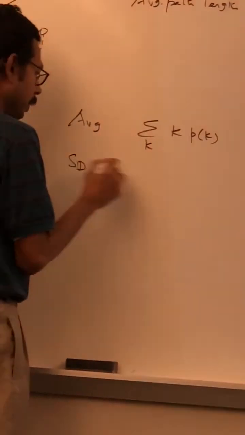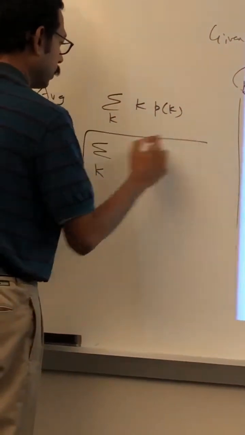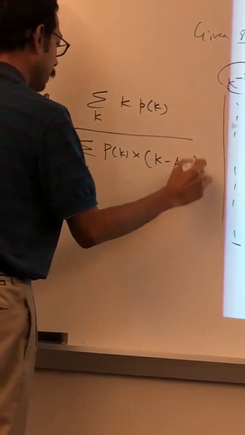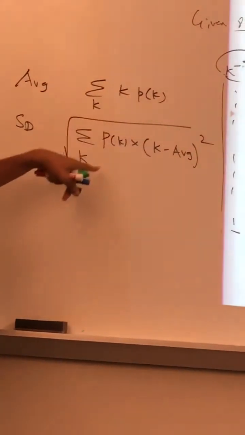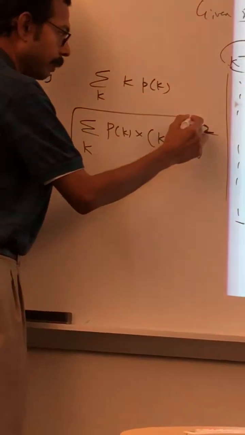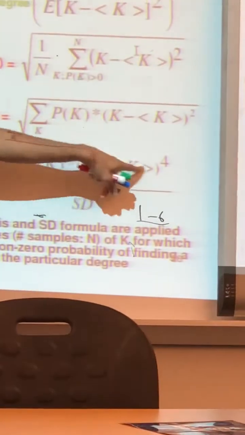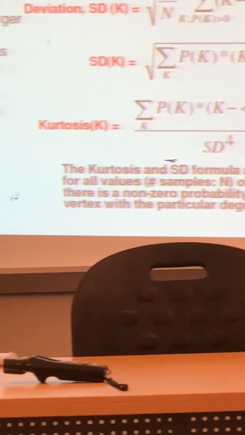Now, the standard deviation can also be found using this formula: P of K times K minus the average, squared. So the exponent is 2. Now there's something called kurtosis, where in the formula P of K times K minus average, the exponent is 4. So it's called the fourth moment.